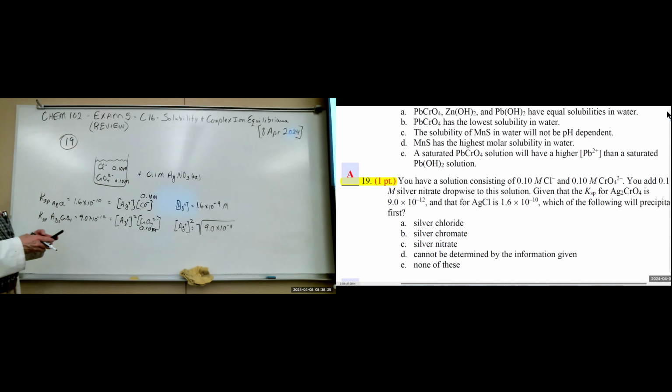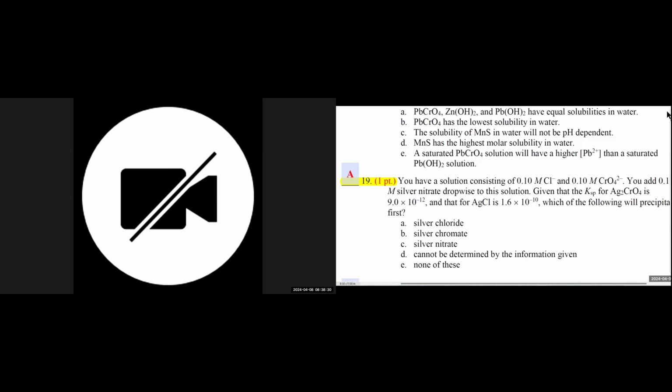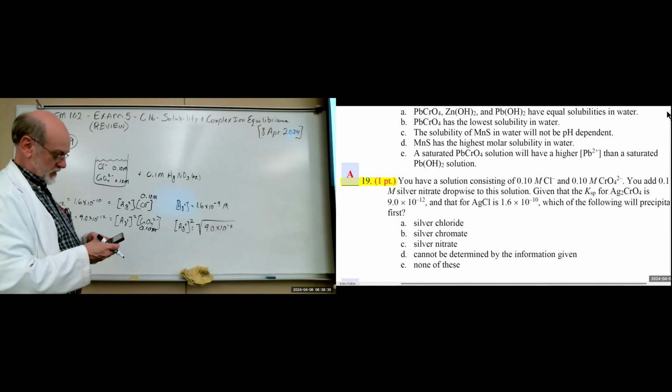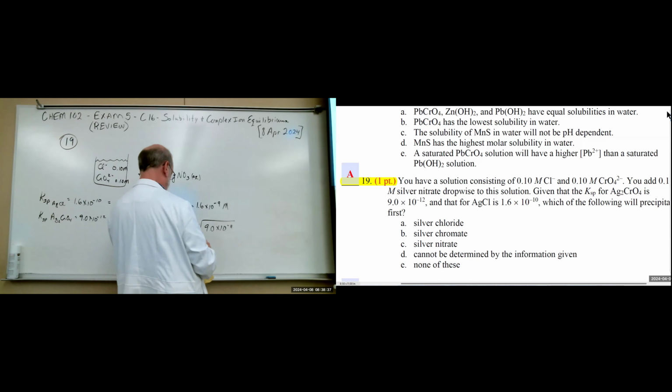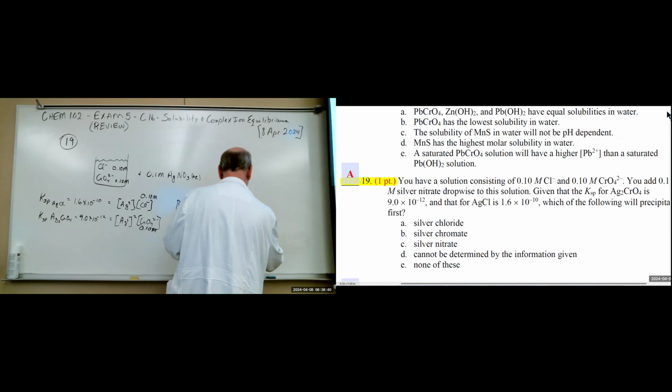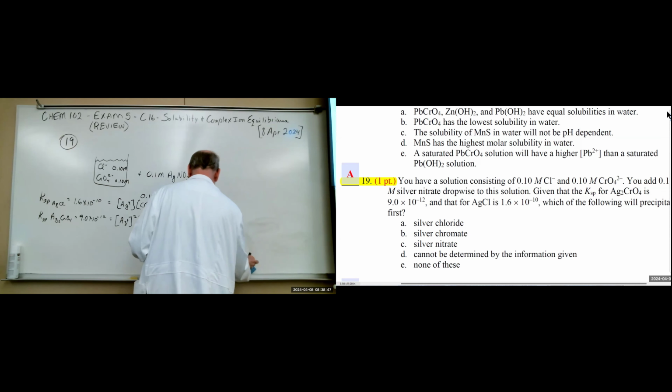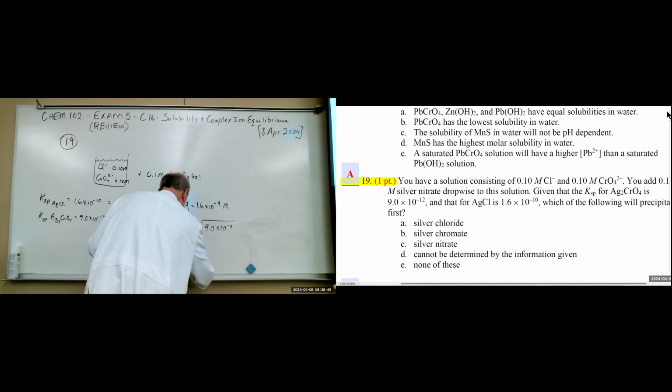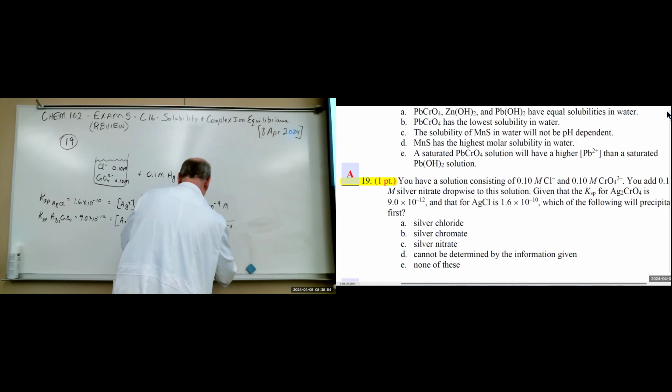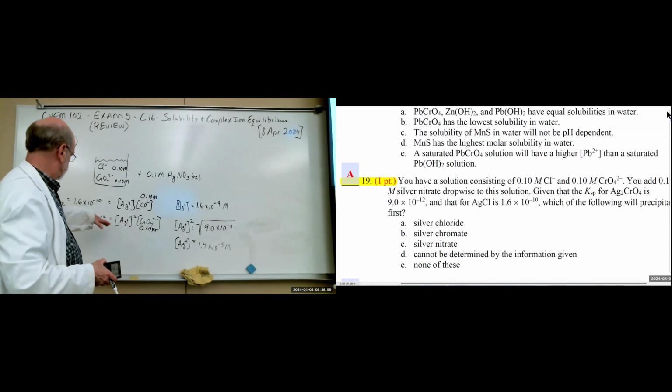You see where I made that mistake? I was about to make a mistake, because I forgot this right here. Square root, here we go. 1.4 times 10 to the minus 5. That's not the right place for it. It should be down here. When that concentration reaches 1.4 times 10 to the minus 5 molar, it will precipitate.